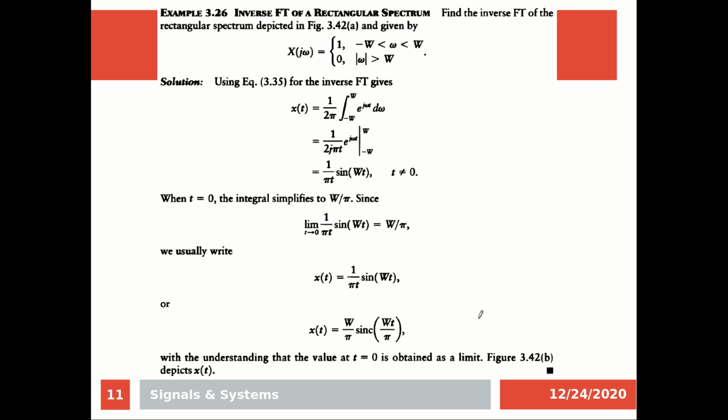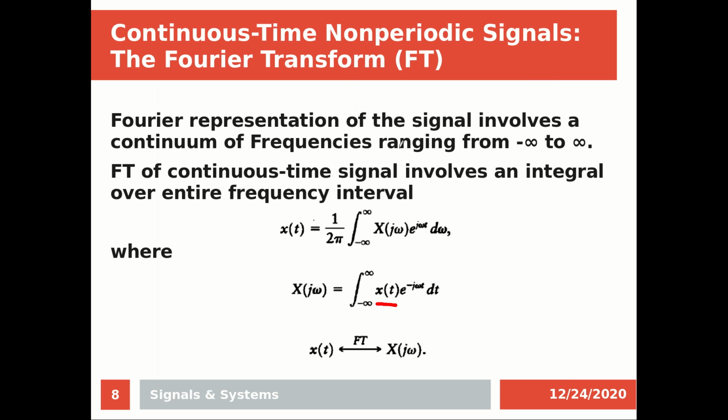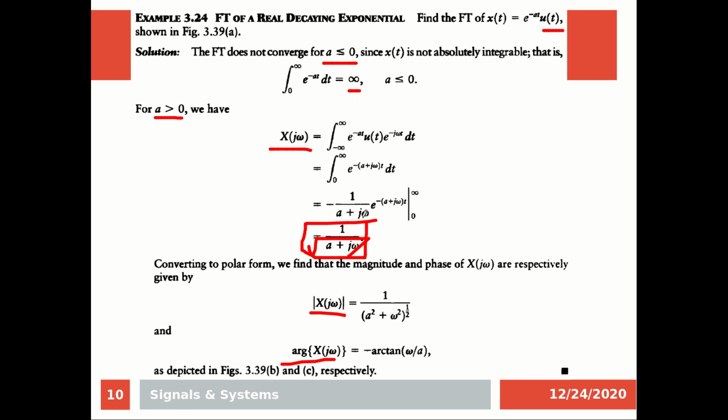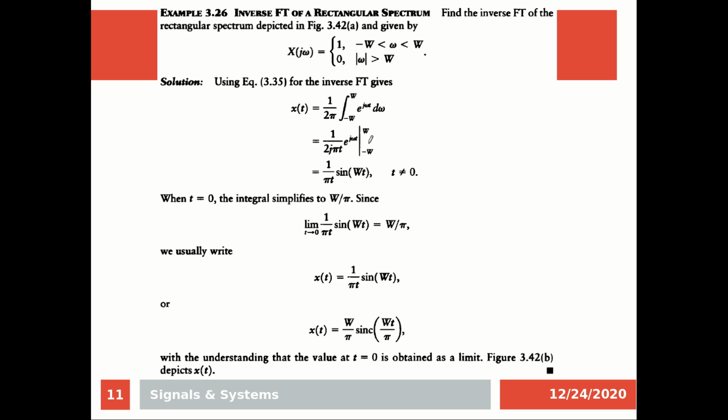Now let's see the inverse. Find the inverse here again for the rectangular spectrum, 1 from minus w to w, 0 otherwise. I will just use this equation again. So I will remove this and will just put 1 from minus w to w and 0 otherwise. Here, take the integration again for e to the power j omega t, and you'll find that this is sine wt over pi t, which can be simplified again to sinc.